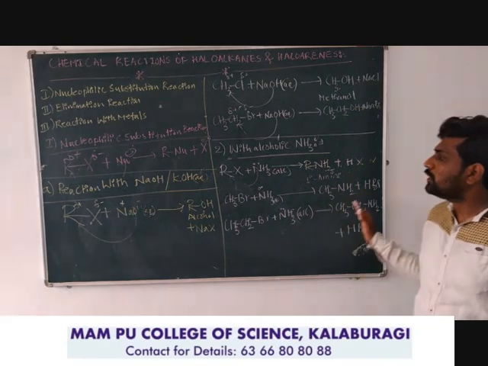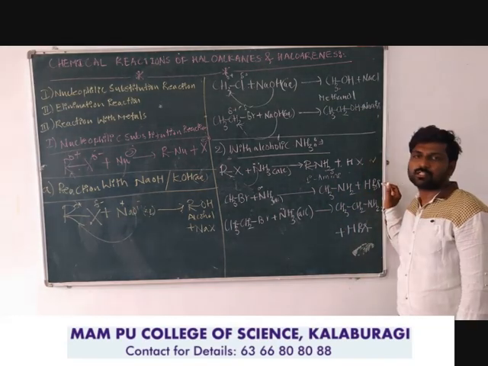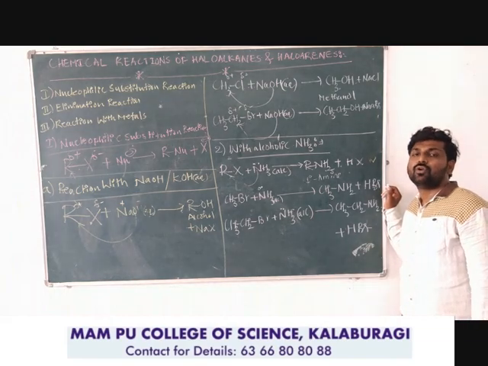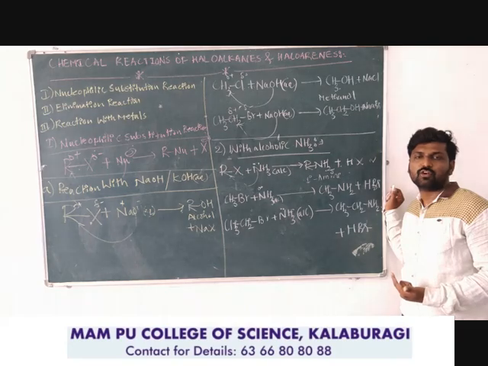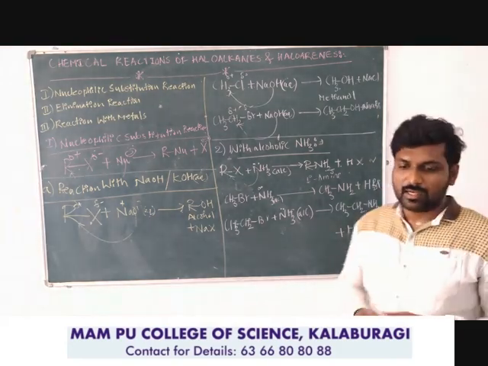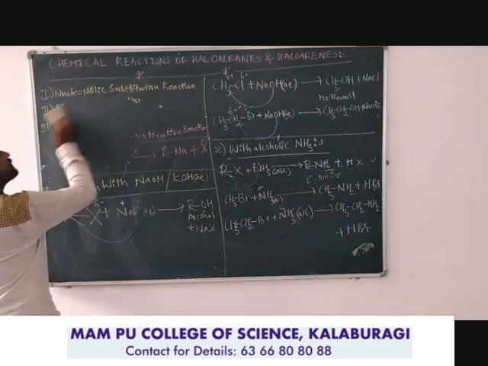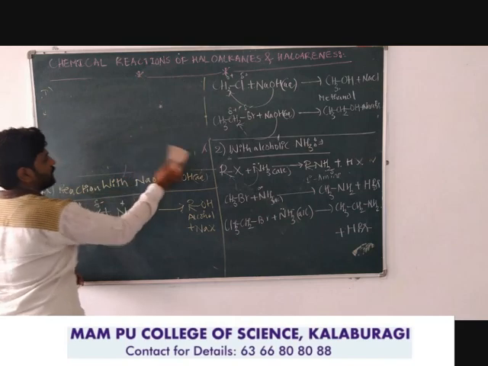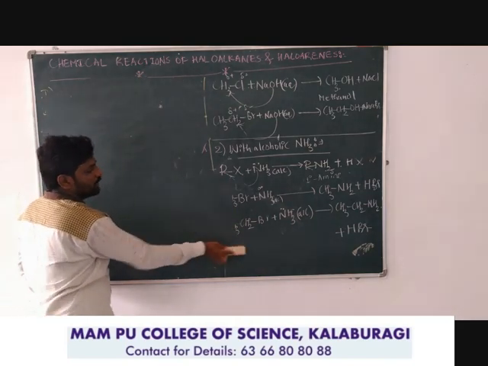So these are the first 2 reagents we have taken for the nucleophilic substitution reaction. There are 5 to 6 or nearly 7 reagents in our syllabus. Let us discuss the next reagent for the nucleophilic substitution reaction, that is, the reagents containing ambident nucleophiles.